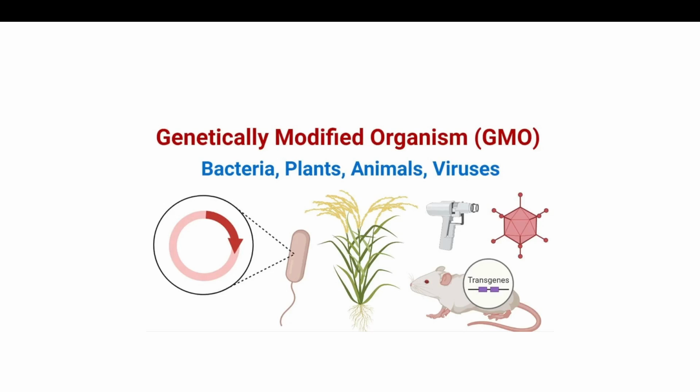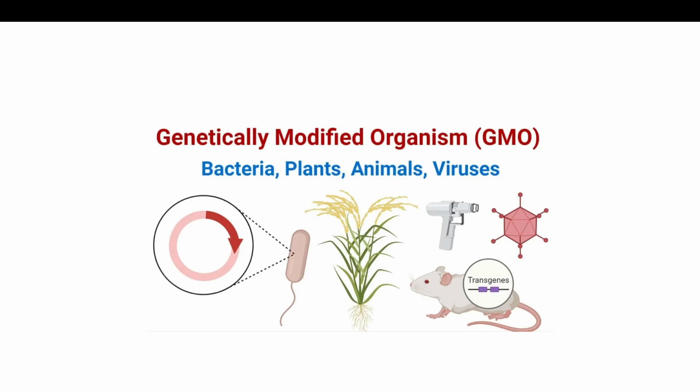Okay. So now when we talk about genetically modified organisms, it means that at the genetic level, the DNA level, the nucleotide or the gene sequence encoding for RNA or for proteins is tweaked or changed so that we get our phenotype of interest, or perform any function of our interest.